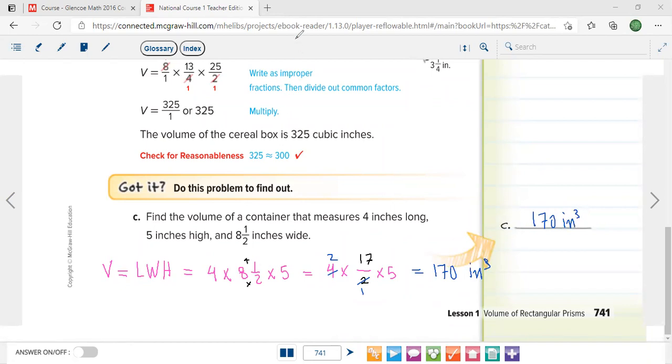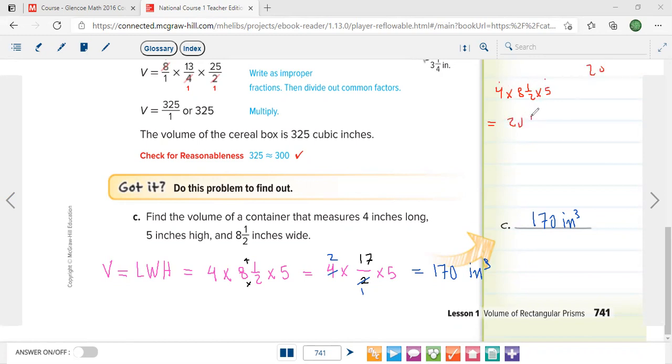We can also think of this multiplication mentally. Let me show you how. You have 4 times 8 and a half times 5. How can we think of it mentally? Very easy. Just multiply 4 and 5 first. In your mind, 4 and 5 will give 20.